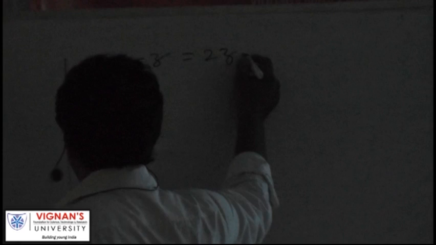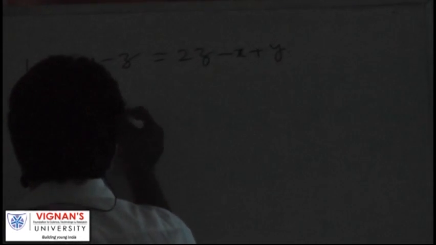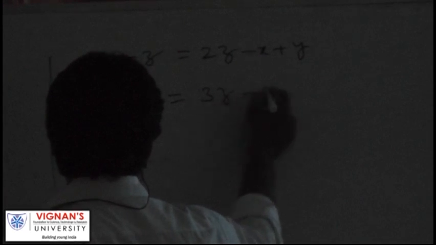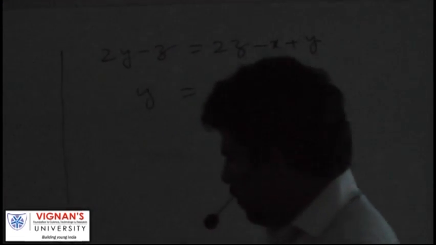y minus z is equal to 2z minus x plus y, or if you bring y this side, y equals 3z minus x. We know what the y value is.